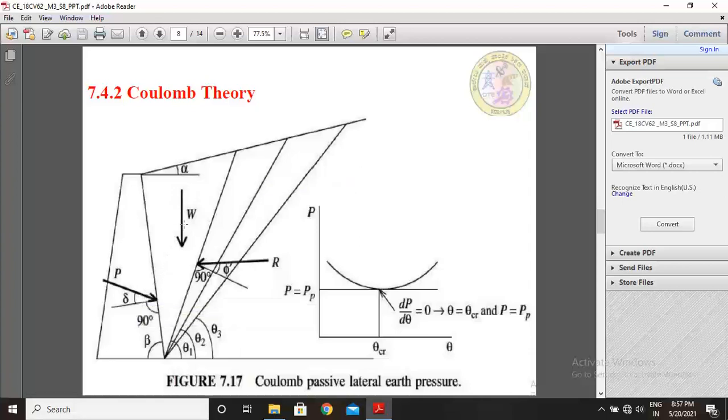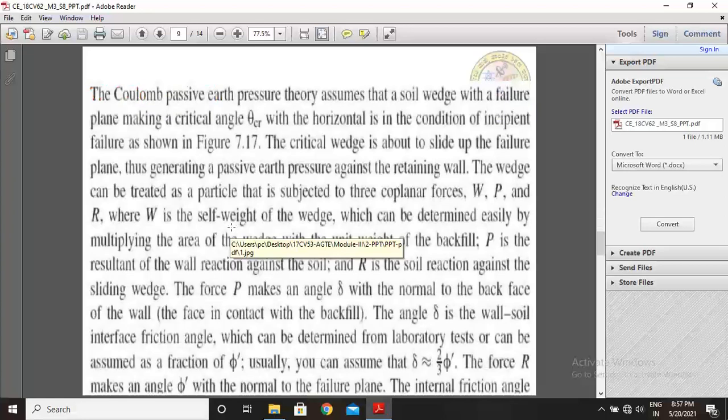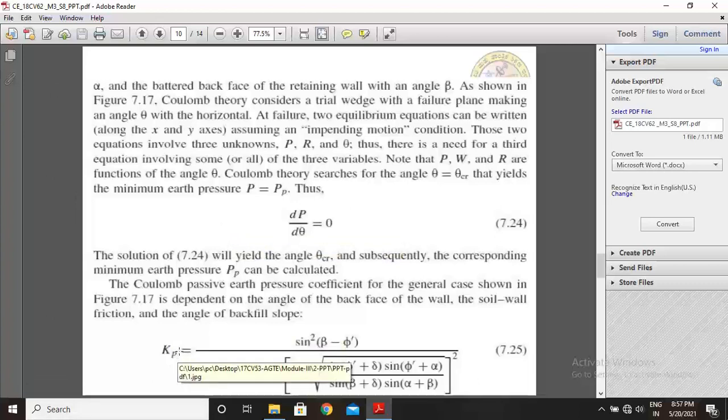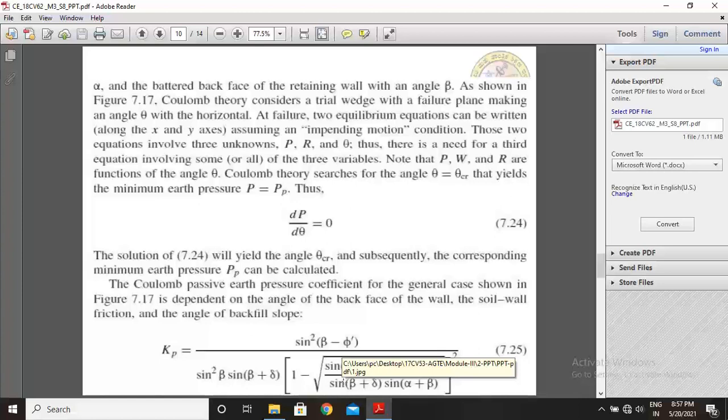So these three are the dependent symbols. Therefore the coefficient of passive pressure is calculated by this equation: Kp equals sine square of beta minus phi divided by sine square of beta into sine of beta plus delta, into the square of 1 minus root of sine of phi plus delta into sine of phi plus alpha divided by sine of beta plus delta into sine of alpha plus beta.